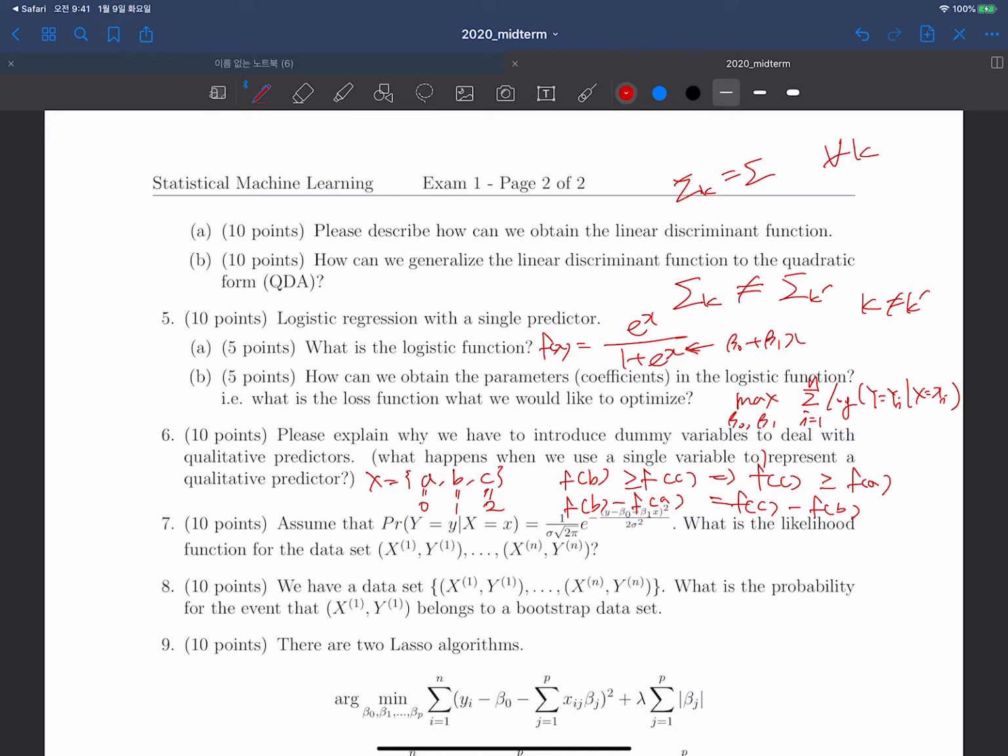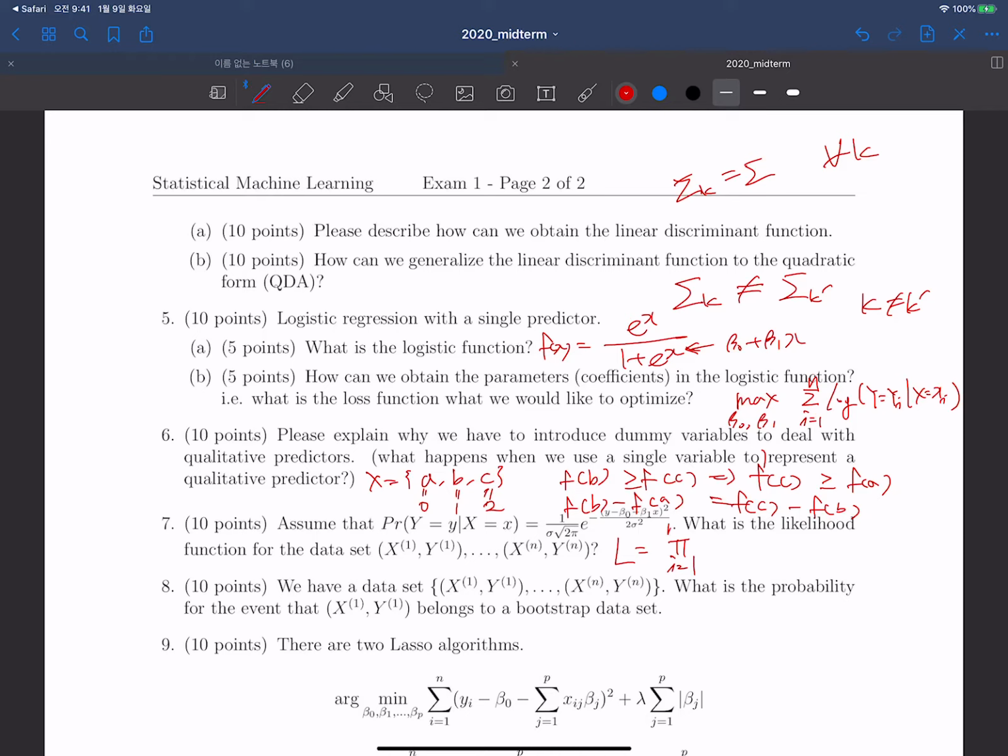Next question is, what is the likelihood function for the data set with this posterior probability? The main assumption is each observation is independent, and the probability of independent events is just the product of each event probability.